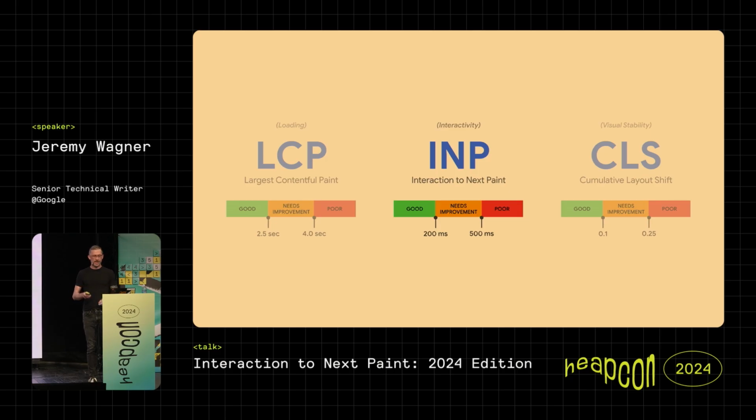And finally, there's INP, which is a runtime responsiveness metric, which I'll refer to as just responsiveness from here on out. And that assesses how quickly a page responds to user input from the time they tap, click, press a key, all the way to the moment that the browser updates the page to show visual feedback as a result of the interaction, which we call the next frame or the next paint.